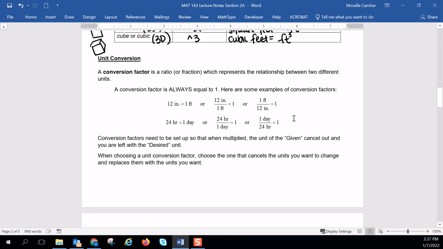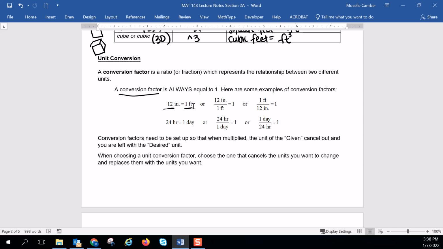Okay, and back to what I was talking about with the fraction. They're called conversion factors, where you have two things that have different units but are equal. Like 12 inches is equal to 1 foot. Well, in math, remember, you can multiply or divide both sides by the same thing and you will still maintain equality.